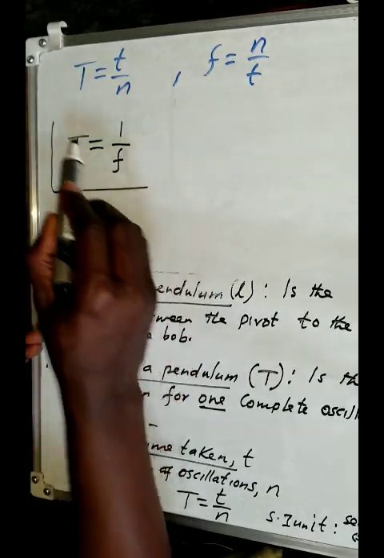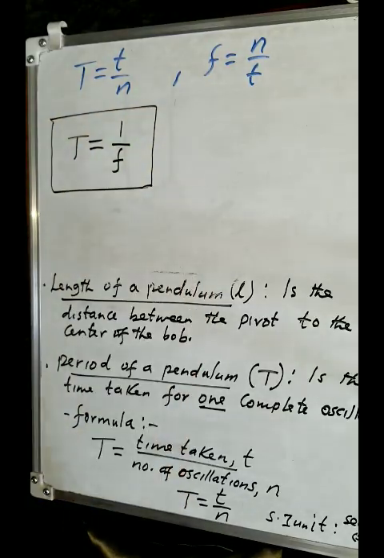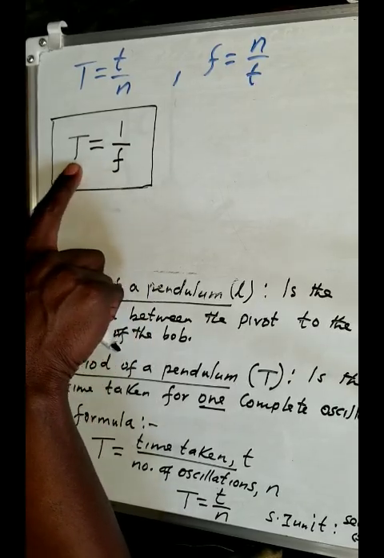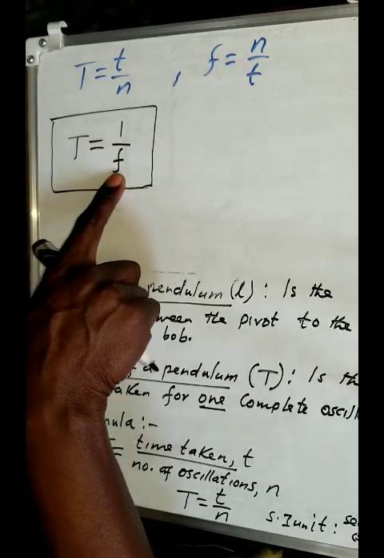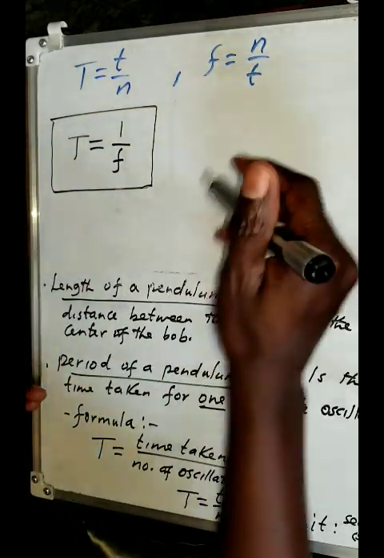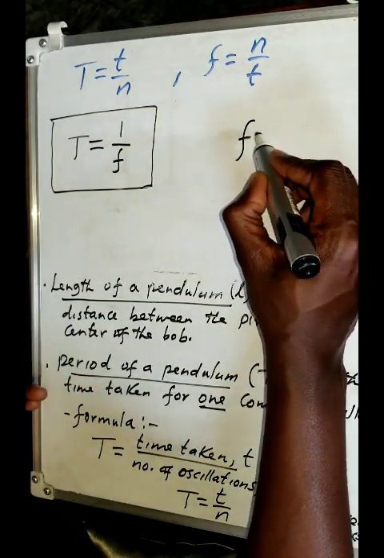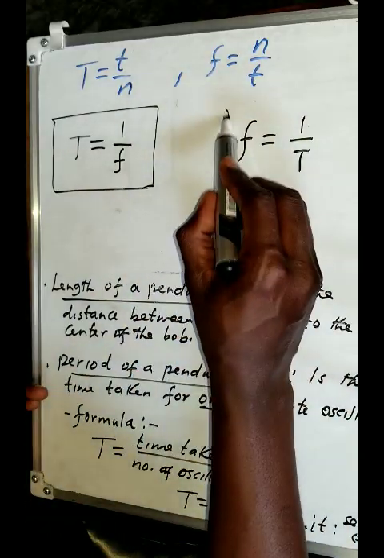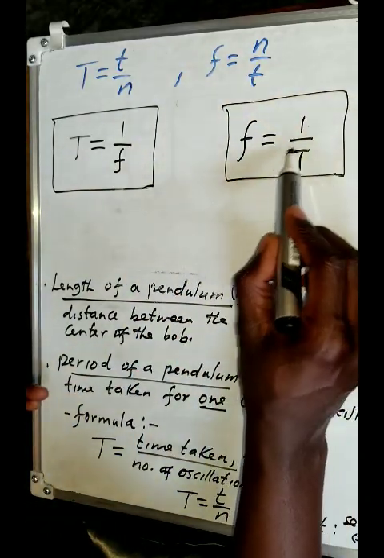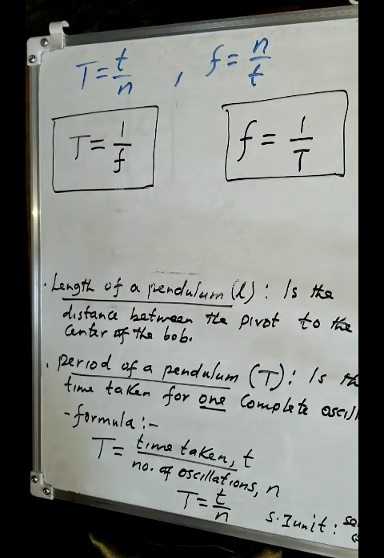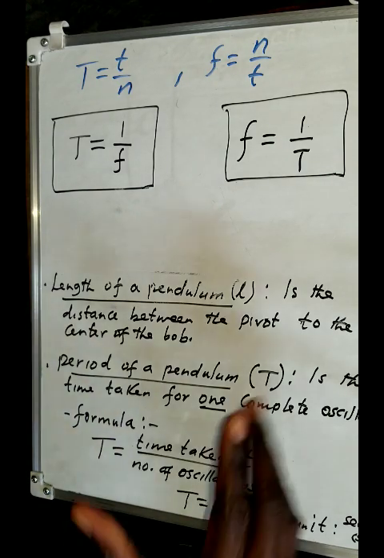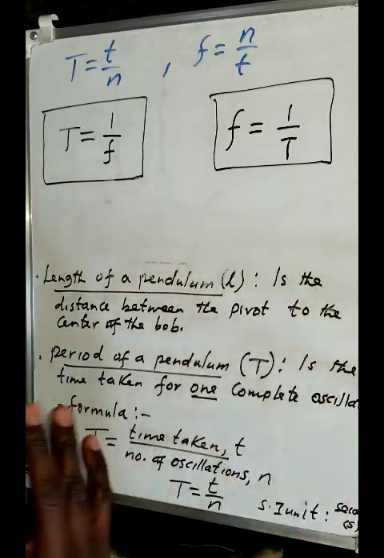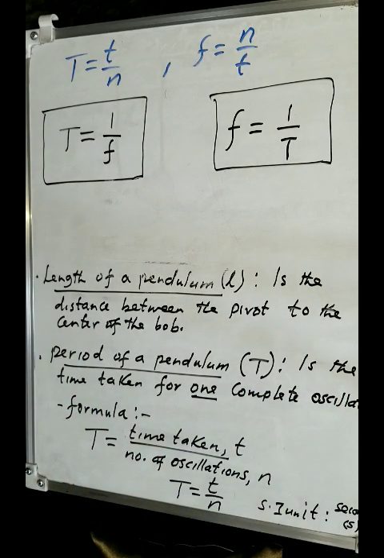If you know the frequency, you can say period is equal to 1 divided by the frequency. Similarly, if we exchange that, the frequency can also be 1 divided by the period, meaning that if you know the period, it is possible for you to calculate the frequency. So that is the relationship between period and frequency of a pendulum.